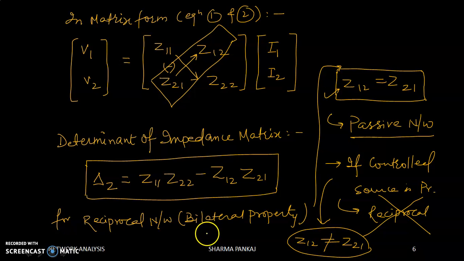Now let us understand, if we are going to represent this whole Z parameter in an equivalent circuit, how it will be. See this, dear friends, this is your 2-port.